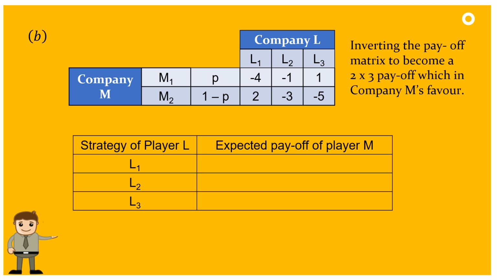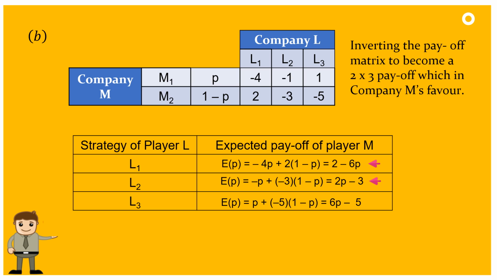Thus, if player L chooses L1, the expected payoff for player M is 2 minus 6p. If player L plays L2, the expected payoff for player M is 2p minus 3. And if player L plays L3, the expected payoff for player M is 6p minus 5.